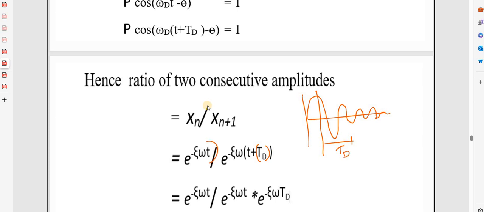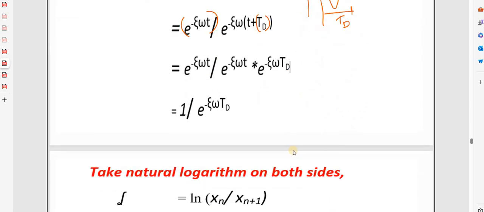So xn stands for e raised to minus theta omega t, the first amplitude, then e raised to minus theta omega into (t plus td), the next one. Just rearranging these terms, I will be getting e raised to theta omega td.